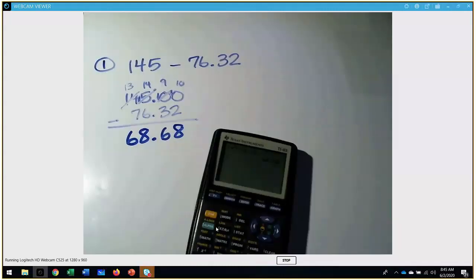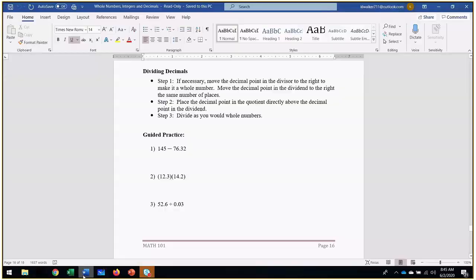Okay, let's talk about the multiplying one. It starts off as 12.3 times 14.2.